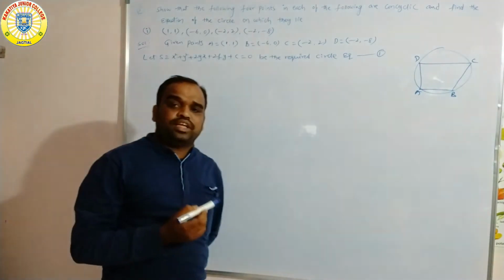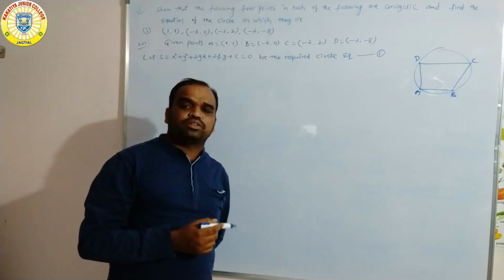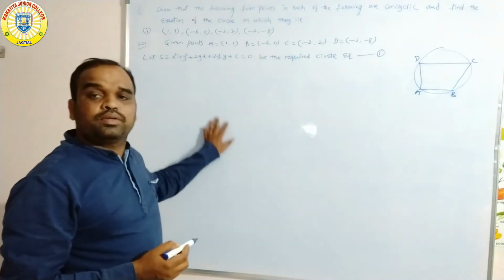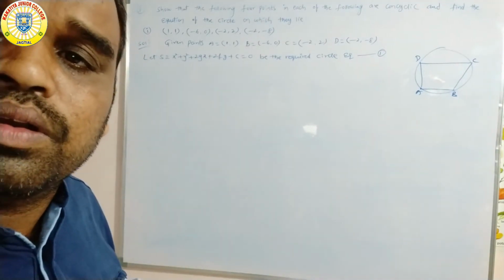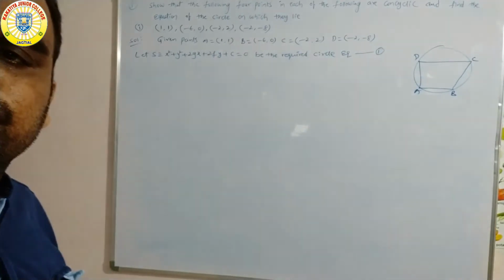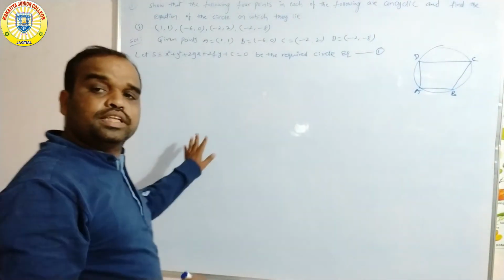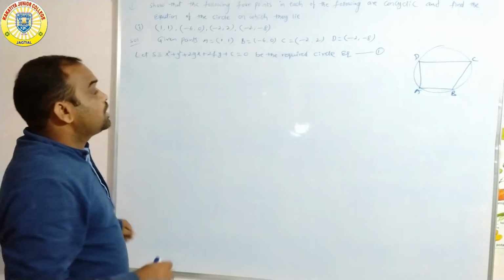First we are finding the equation of circle passing through the 3 points. This is the required circle equation. This is clear.